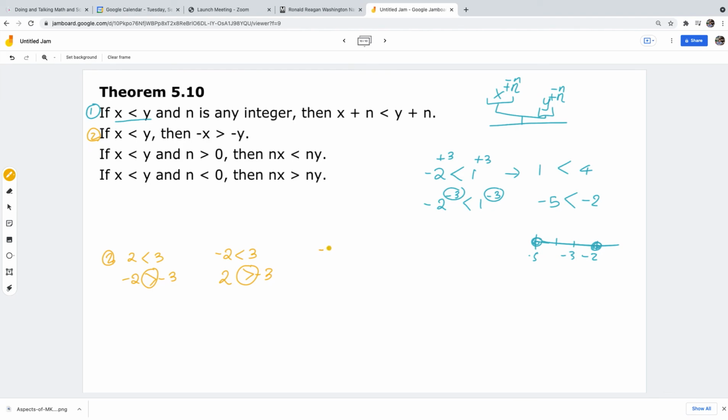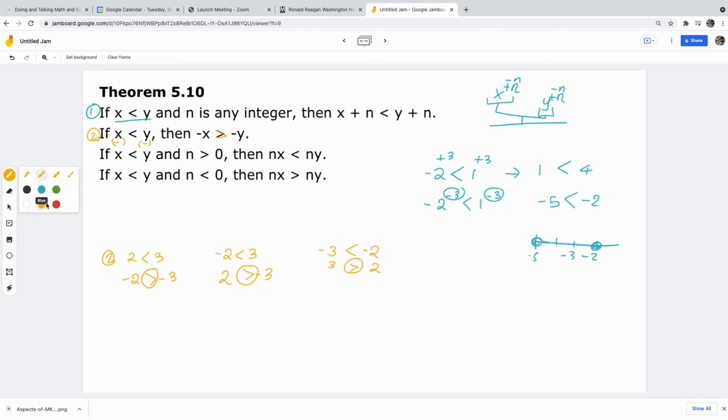Let's give another example like negative 3 and negative 2. When both numbers are negative, which one's greater? Negative 2 is greater. But the opposite of that: 3 and 2, compare them. What happens? 3 is greater. So we are flipping that again. So whenever we multiply by negative 1 on both sides, what happens? We are flipping the sign to the opposite. That's what it means, okay?